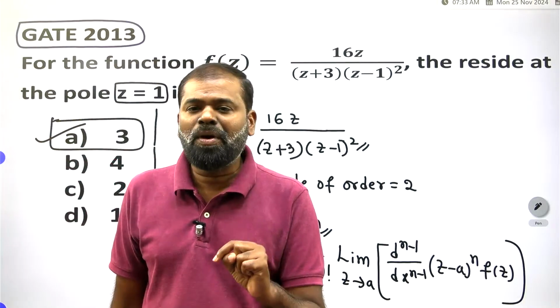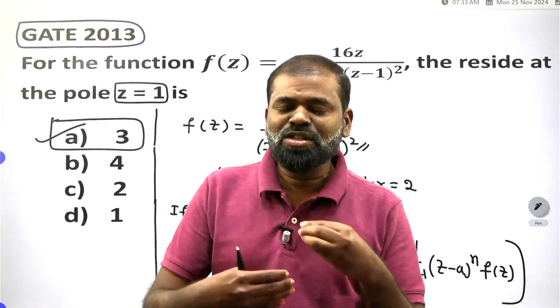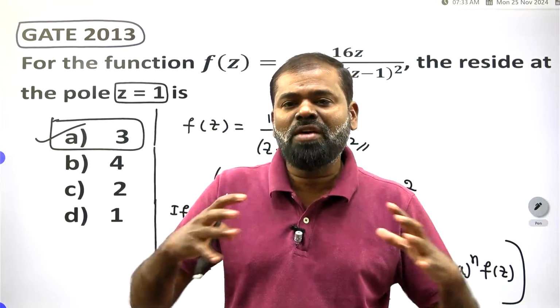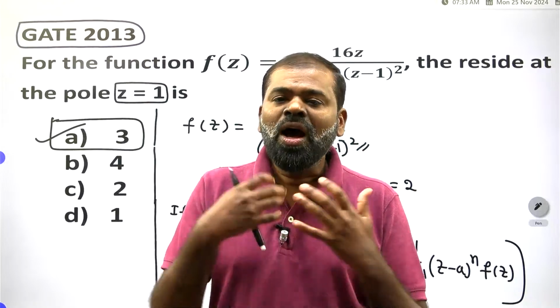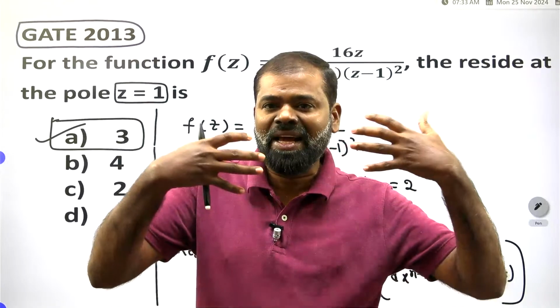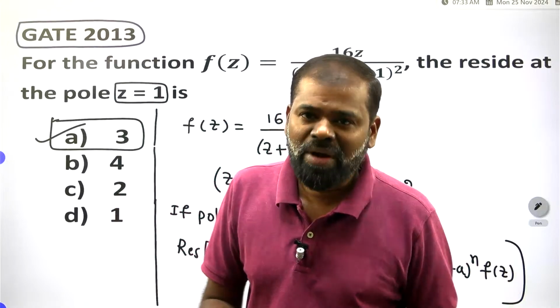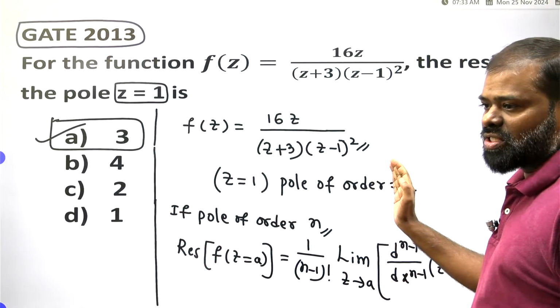So very important. Like this, in this course so many questions they will ask. These residues will help you to find the evaluation of integral. Maybe tomorrow's class I will teach you how to evaluate the integral by using the Cauchy residue theorem, right?